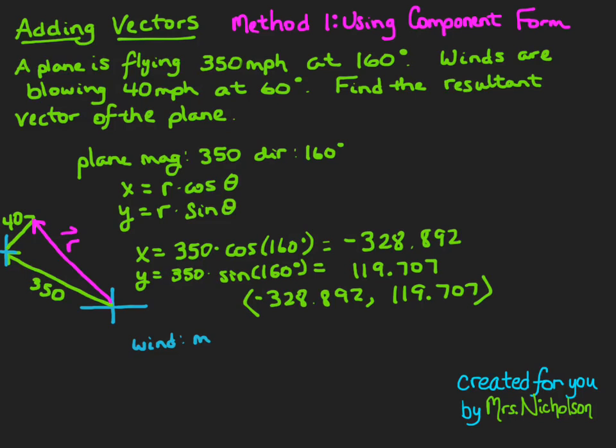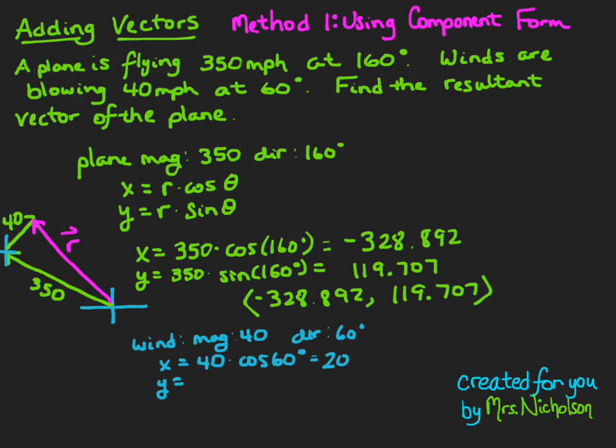The wind has magnitude of 40 and direction of 60 degrees. So to find its component form, I'm going to use the same formula as I used for the plane. X is equal to the magnitude of 40 times cosine of 60 degrees, and that equals 20.